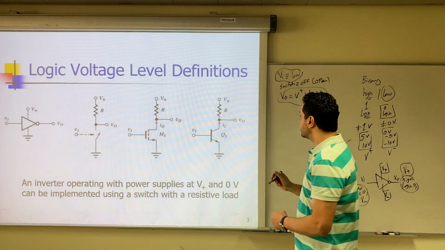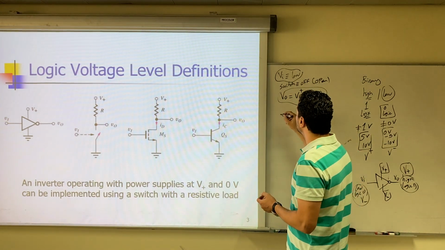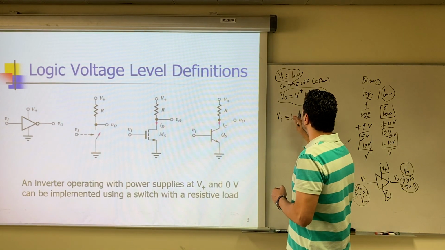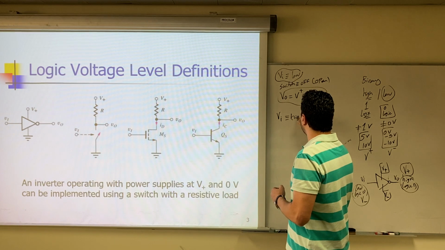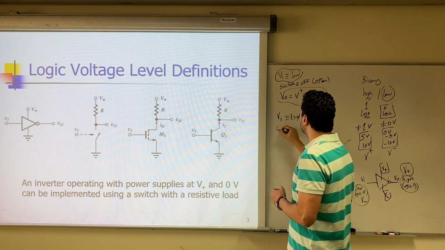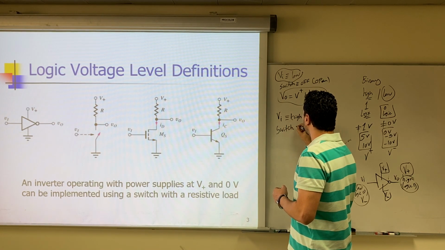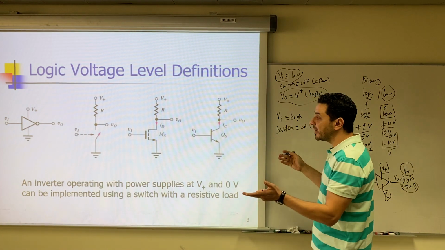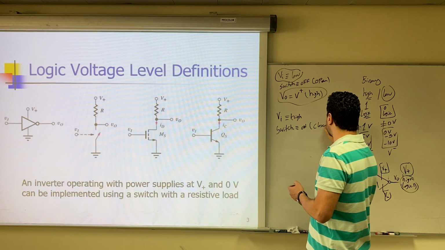On the other hand, if we design this switch also so that it will be on when the input is high, so when the input is high, the switch will be on. On means it will be closed, short circuit.